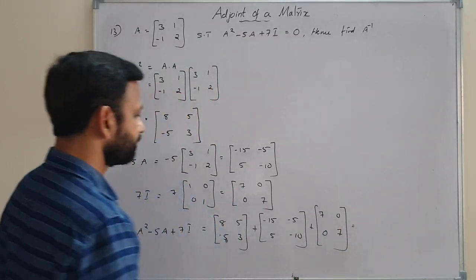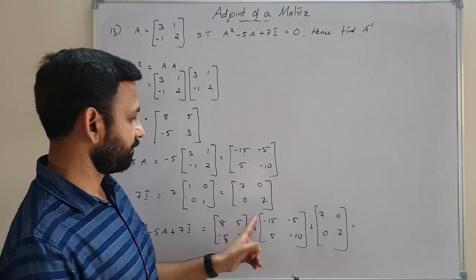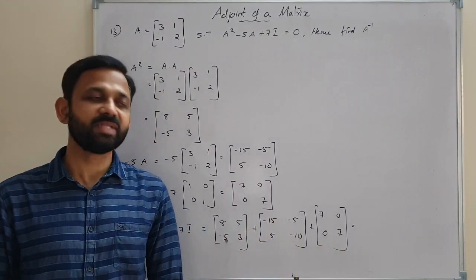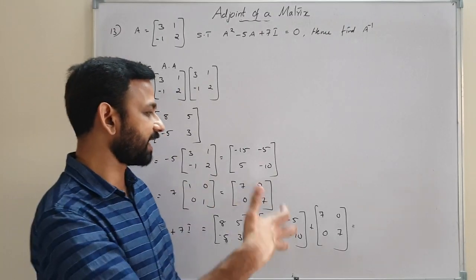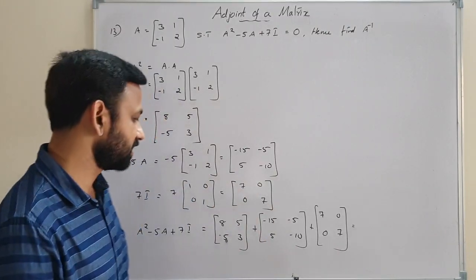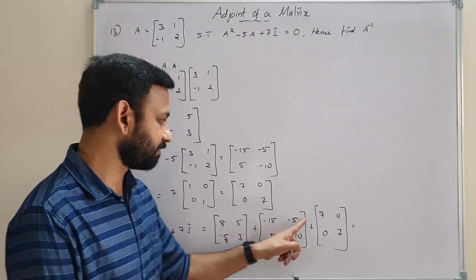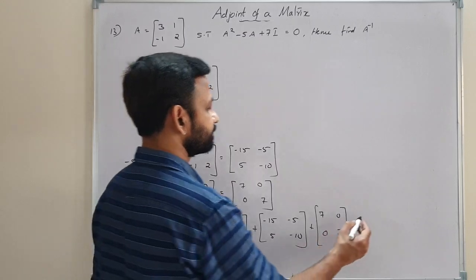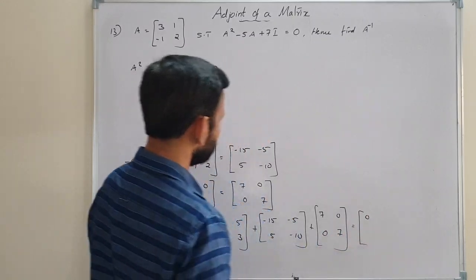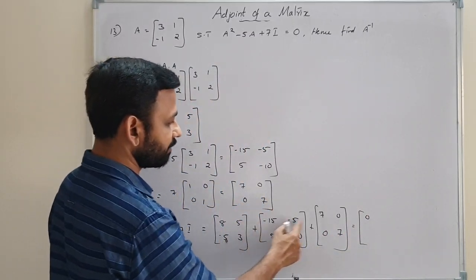Now we are going to find the sum of those 3 matrices. When we find the sum, we add the corresponding elements. So 8 plus minus 15 plus 7: 8 plus 7, 15. 15 minus 15, 0. Then 5 plus minus 5 plus 0.